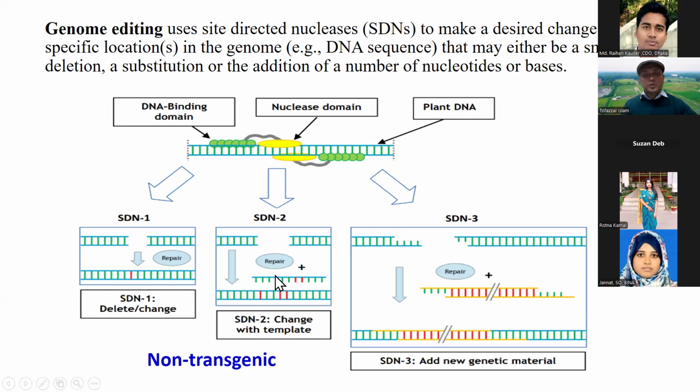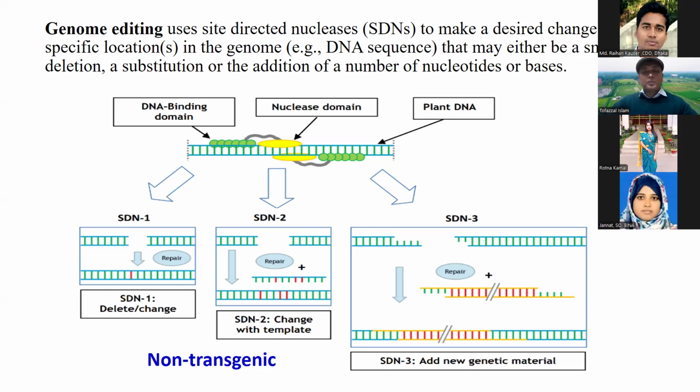So what you can do, you can put this type of segment. Then during repair, this segment can fill up the gap, and you can obtain the corrected sequence. And here, no transgene is added, but you corrected, for example, a spelling mistake in a word, or even a wrong word in a sentence. So you can replace it with the correct one.